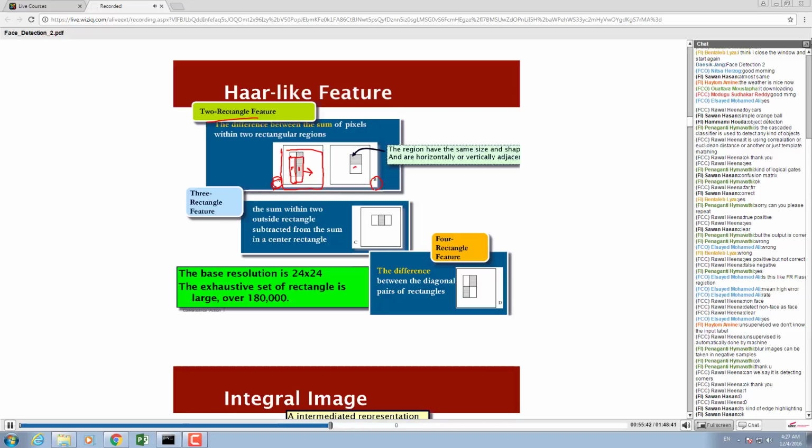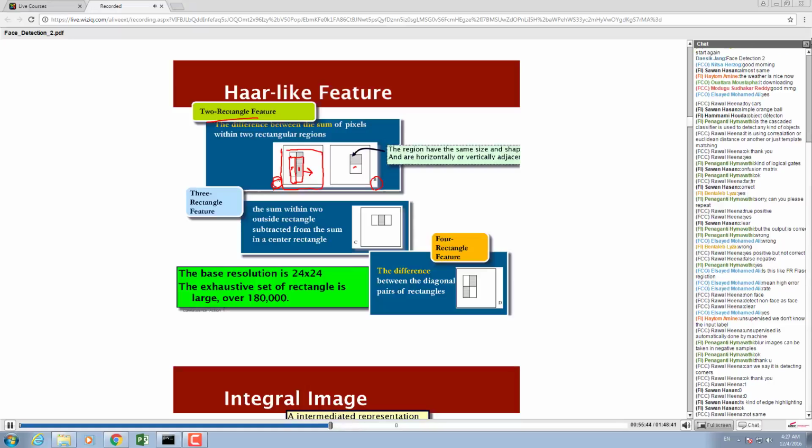It becomes a different feature because we are calculating the difference in a different region.